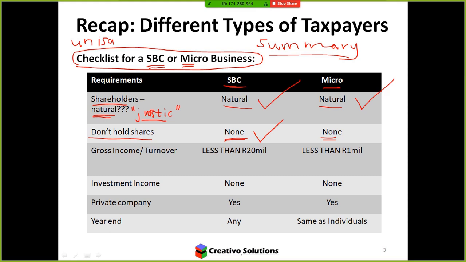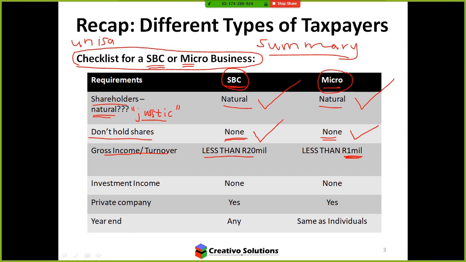If you can tick that, then you move on to the next criteria: gross income or turnover. How much does that business make? Does the business make more than 20 million, or do they make less than a million? If they make less than a million, then the micro could be a consideration. If they make less than 20 million, then they can fall under SBC in terms of classification.